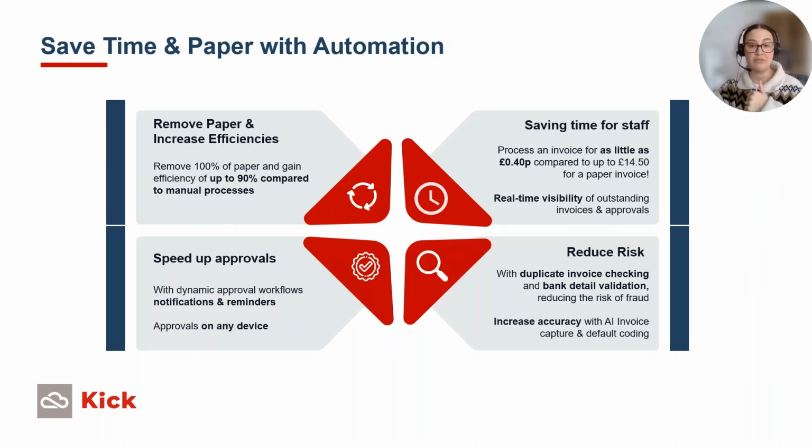It will save staff significant time processing and storing invoices, managing queries and chasing approvals, reduce your business's risk level by automating further checks and validations, including that duplicate invoice checking and bank detail validation I touched on, essential for preventing fraud. And then with dynamic approval workflows and approver alerts and nudges, ensuring that your authorization routes are complied with, that you've got full visibility, and it's also quick and easy to approve on any device whilst providing commentary.